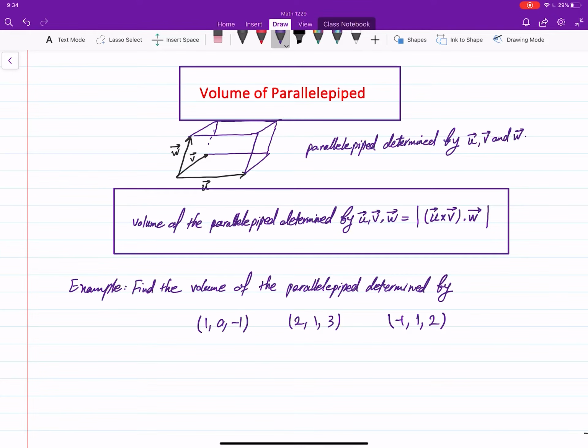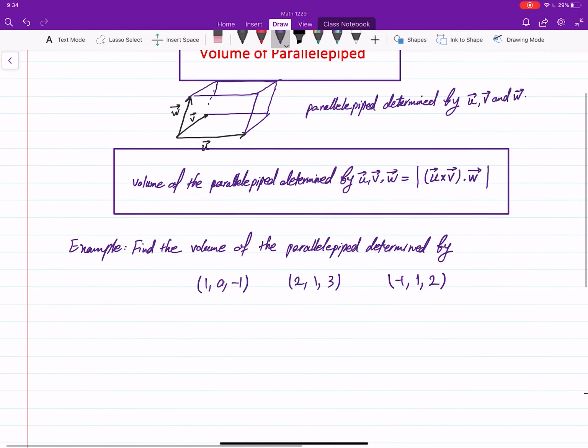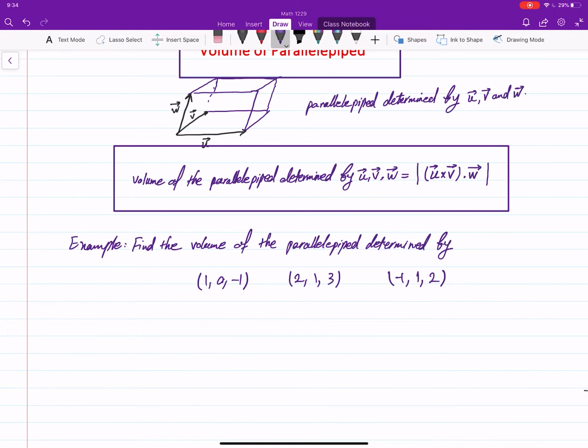Well, it doesn't matter which one you pick as u, which as v, which as w. The important thing is that in the formula, you have to find the cross product of two of them.